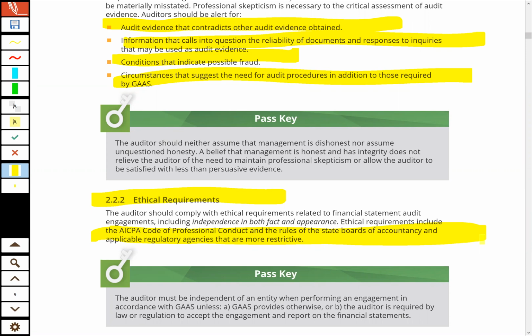I know California is the case, because I actually presented an ethics class and talked about the similarities between the AICPA Code of Professional Conduct and the California Accountancy Act that calls out the particular codes of conduct for CPAs in the state of California.